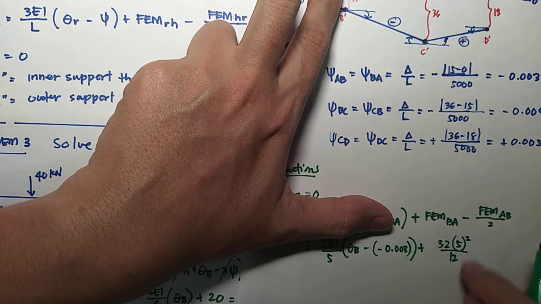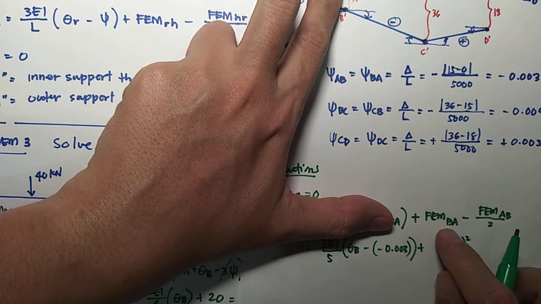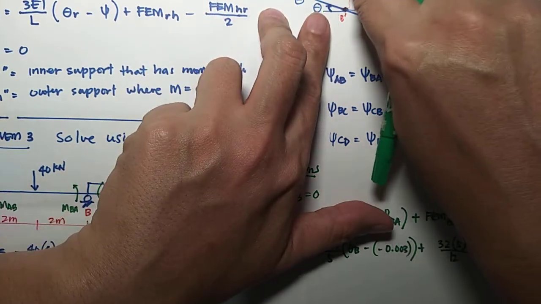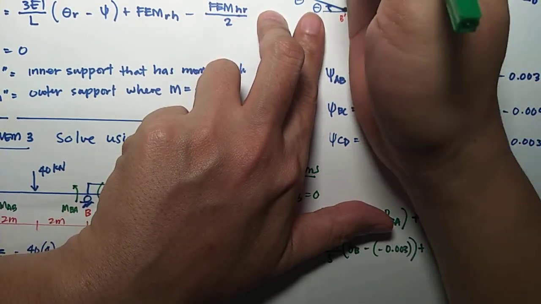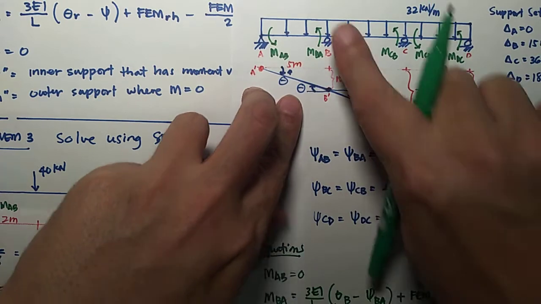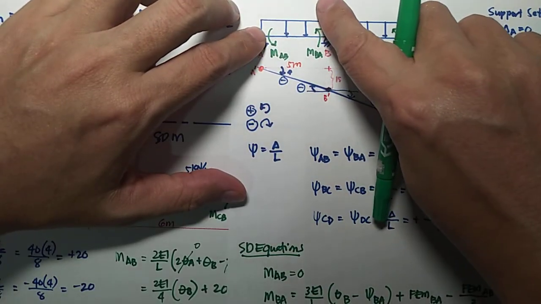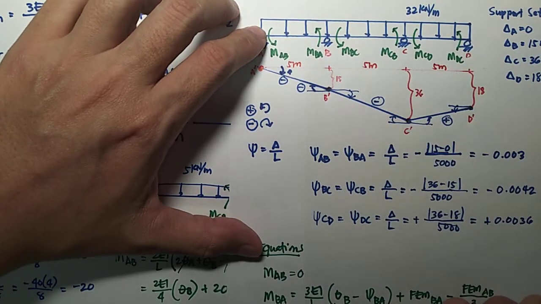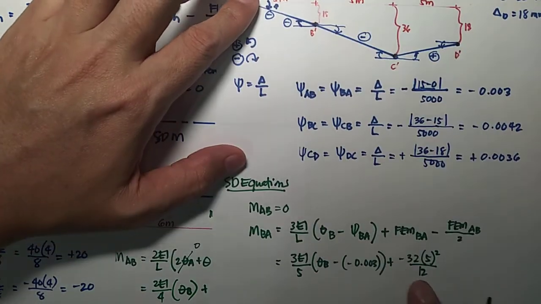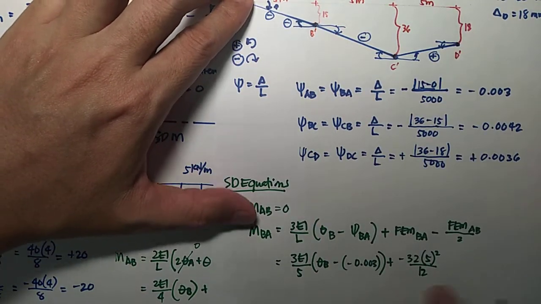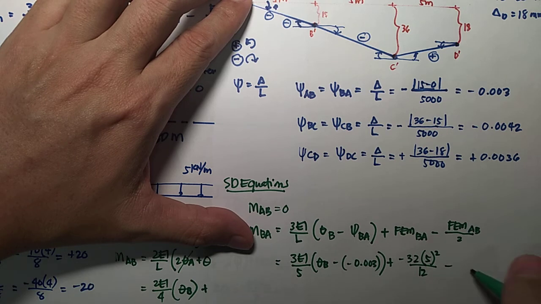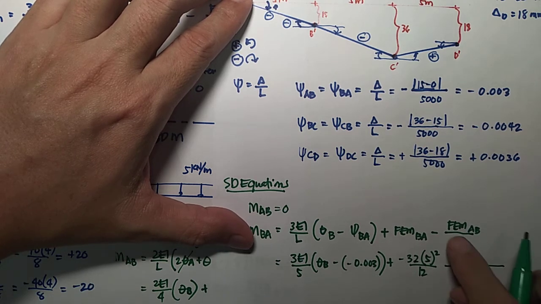Now, anong sign ng fixed end moment sa BA? Yung BA is yun nandito sa kanan. Diba ang fixed end moment sa kanan is clockwise. So, that would be negative. Okay, so negative. Minus 1/2 of FEM sa AB.